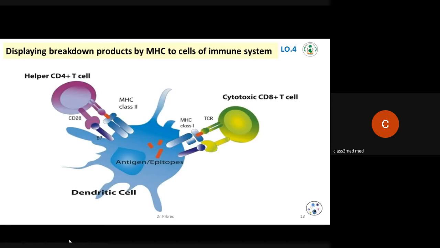In that case, the breakdown peptide from this cell will contain something from the virus, meaning something foreign. So the presentation will be with MHC class 1, and there is also a second set of receptors, and it will be recognized by the cytotoxic CD8 T cell. In the case of a tumor cell, the same mechanism applies. In that case, we need to kill this cell, so the pathway is toward the cytotoxic T cell in order to kill the cell. Is that clear?